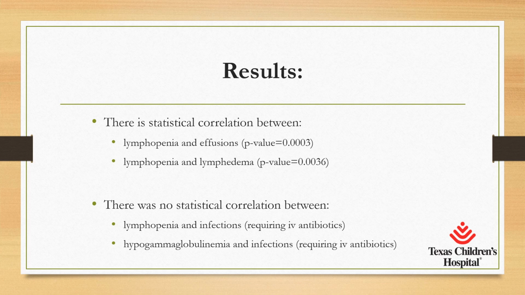We did not find any statistical correlation between lymphopenia and the need for IV antibiotics, or hypogammaglobulinemia and the need for IV antibiotics. So again, this doesn't mean that lymphopenia is not a cause of infection, but again, it's not a cause of bacterial infection.